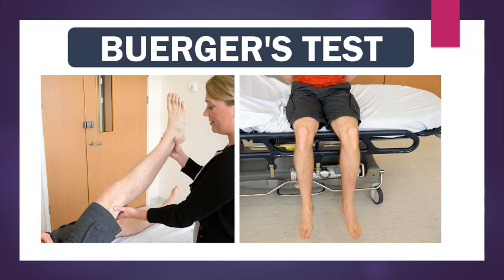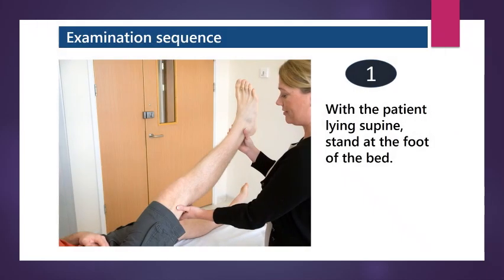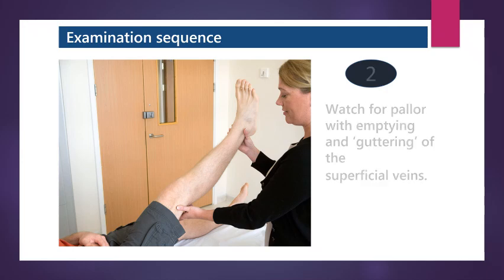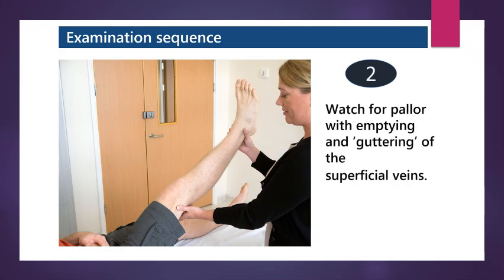Buerger's test is an important test in physical examination and clinical practice, which is used to assess the adequacy of arterial supply to the legs. Examination sequence: with the patient lying supine, stand at the foot of the bed. Watch for pallor with emptying and guttering of the superficial veins.